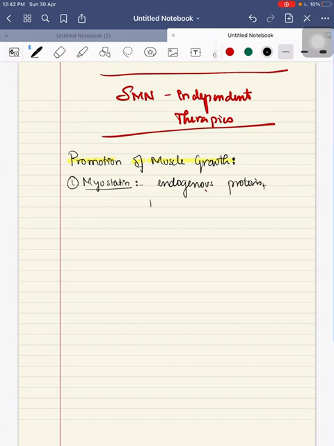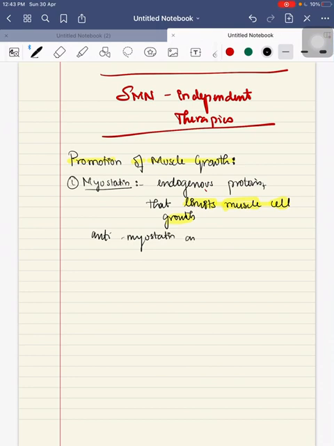Myostatin is an endogenous protein that limits muscle cell growth.